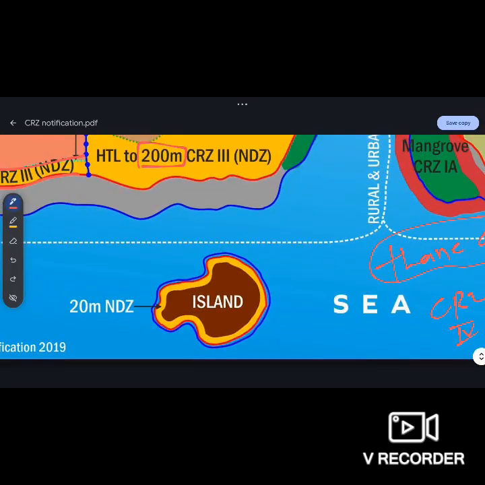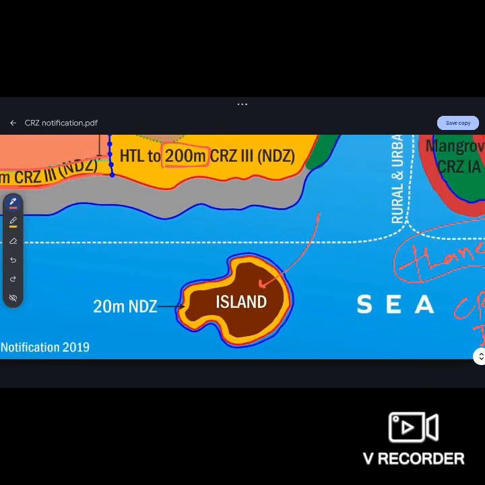Now, there is a separate category under this 2019 notification that has been made for islands. For islands, from the high tide line, 20 meters on the island side, the no development zone has been demarcated.